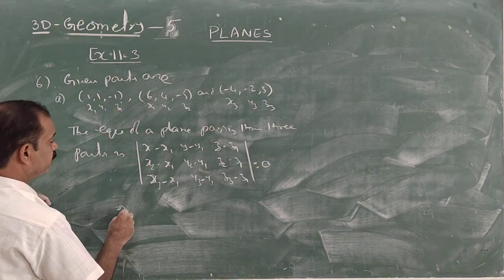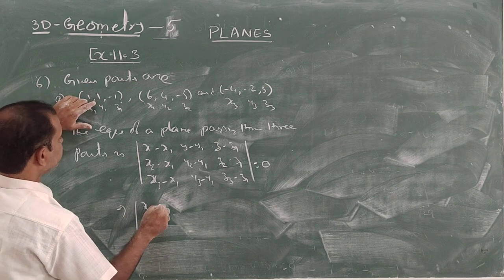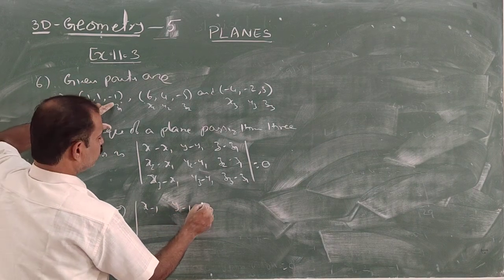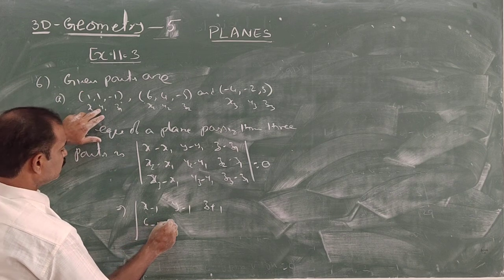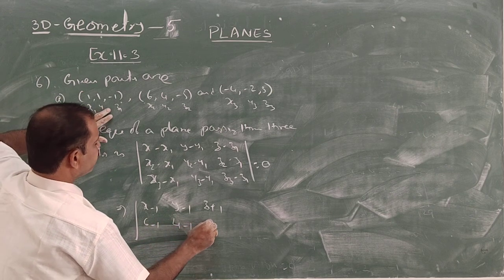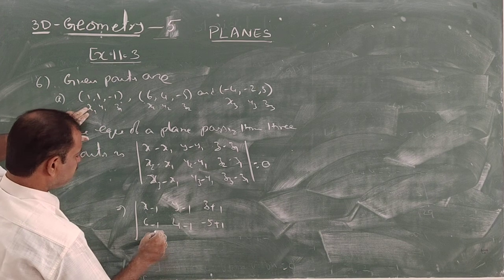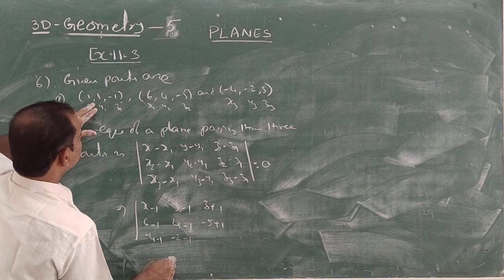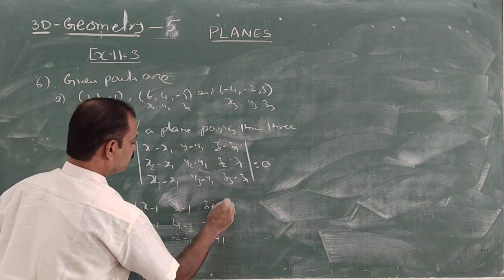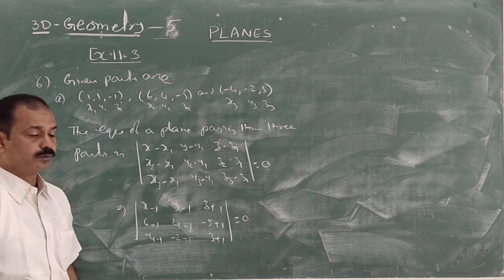Just substitute the values: x minus 1, y minus 1, z plus 1. Then 6 minus 1, 4 minus 1, minus 5 plus 1. Next, minus 4 minus 1, minus 2 minus 1, 3 plus 1 is equal to 0.